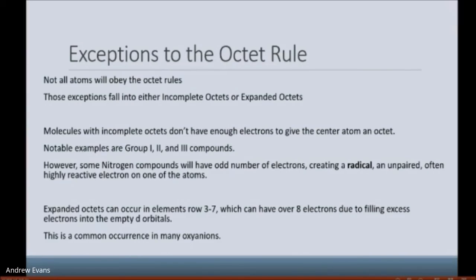Now, nitrogen compounds will sometimes have that problem because many nitrogen compounds have an odd number of electrons. Whenever you have an odd number of electrons, there will be a radical. A radical is an unpaired electron. It's not a lone pair, it's an electron by itself. This radical is highly reactive and responsible for a lot of the crazy chemistry we have going on.